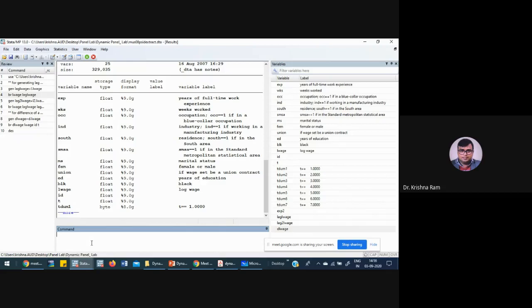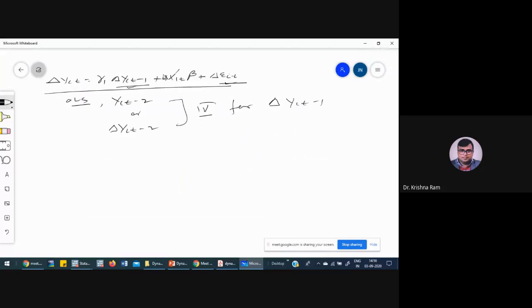So in our regression equation, all the variables that XIT contains are strictly exogenous. The only endogenous variable that you have is the first lag of the dependent variable, and the dependent variable in our case is log of wage. So going with the recommendation of Anderson-Hsiao, we use YIT minus 2 as an instrument variable.